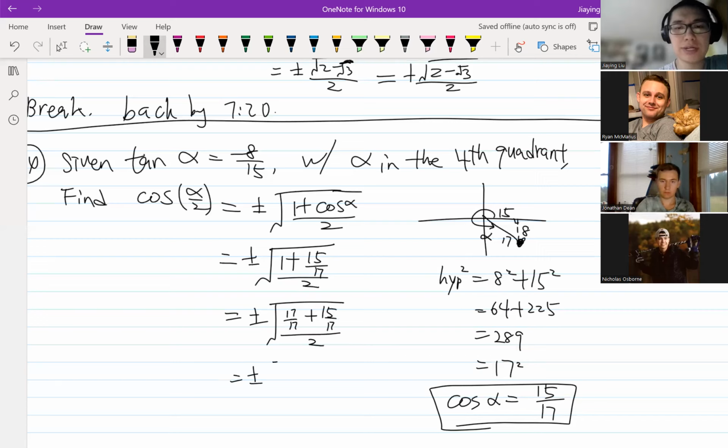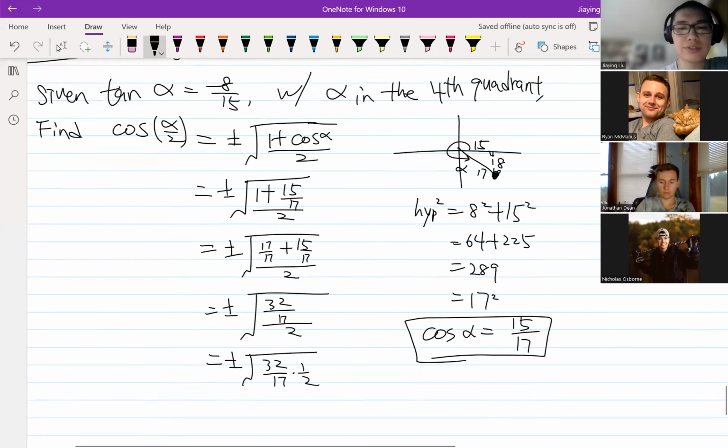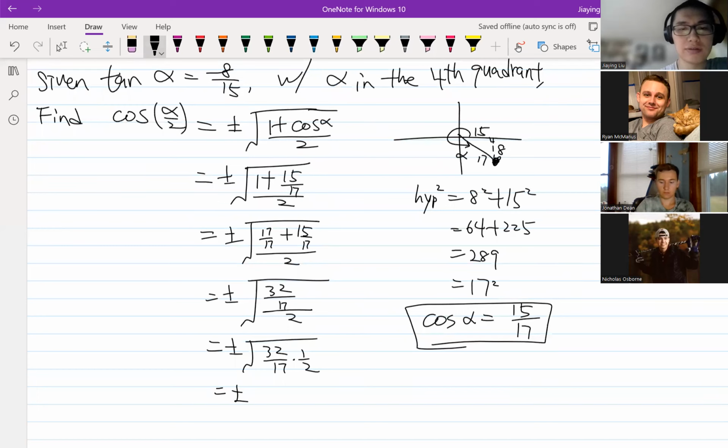So that's going to be plus or minus square root of 17 plus 15, that's 32 over 17, divided by 2, multiplied by half in the next step. We got plus or minus 32 over 17 times 1/2. So we got 16 over 17.